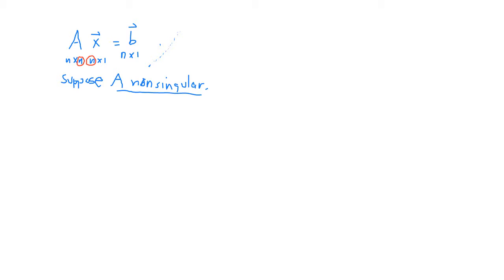So here's what we're going to do. We can take this system of equations represented by this matrix equation, and on the left side of A times X, I can multiply by A inverse.